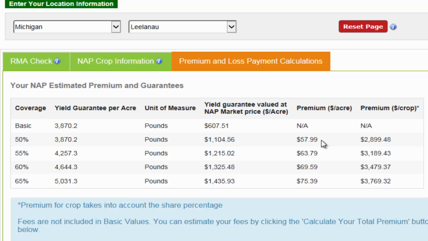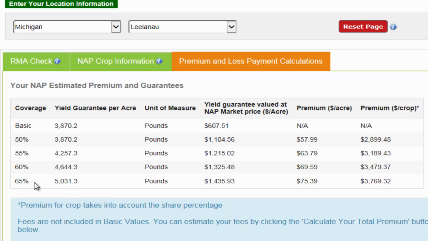This last number then is how many acres you have. So we multiply the premium per acre times, in our case, 50 acres, and we have the premium for 50% coverage of $2,899.48.